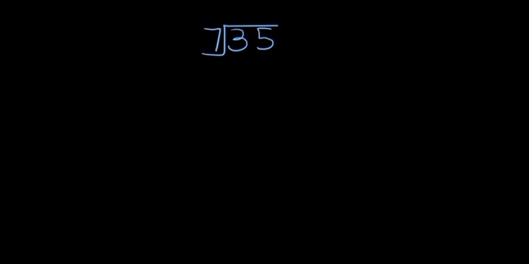So instead of subtracting the 7 each and every single time, we can just say 35, and then we can subtract all the 7s. So it's 5 7s. So we're going to subtract 5 times 7, which is also 35.